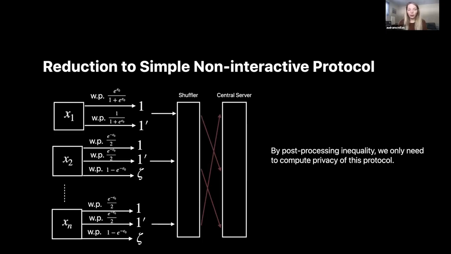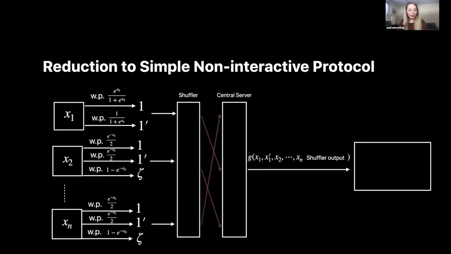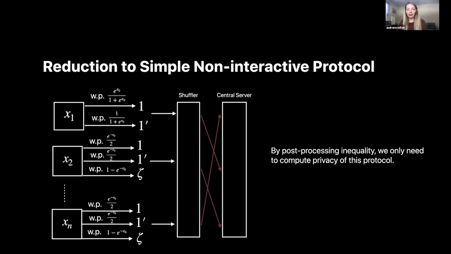Okay, so this post-processing function here doesn't touch my data again. It takes as input knowledge of my data, but it doesn't actually touch the sample that was given. So I can use this to say that if I can analyze this mechanism here, then I get a privacy guarantee for the overall mechanism. Does that make sense?